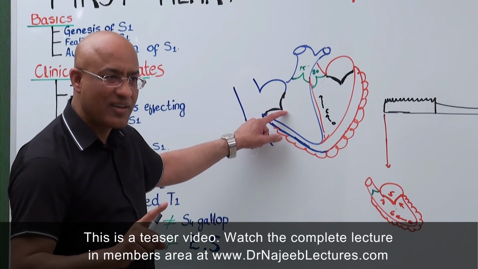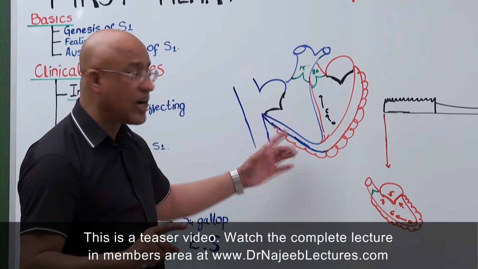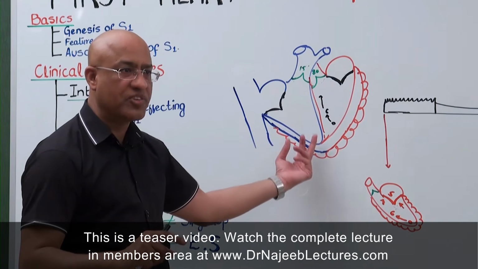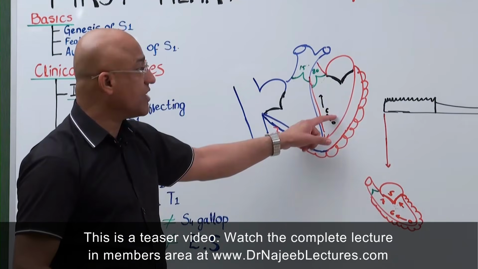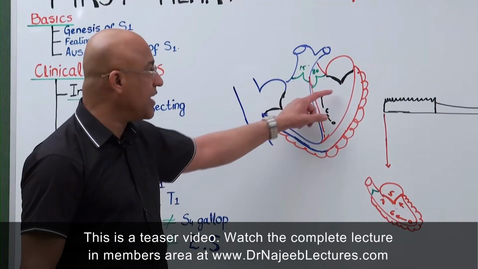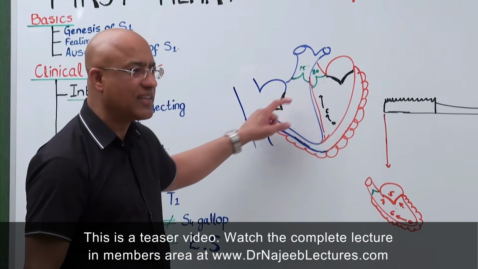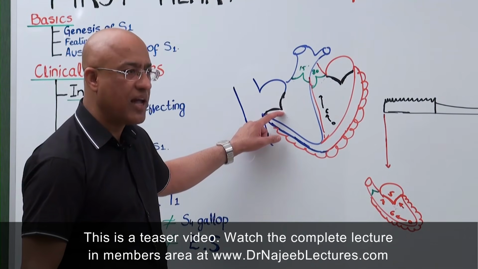You understand it? Pressure starts rising in both ventricles almost simultaneously, but it rises more rapidly in the left ventricle.